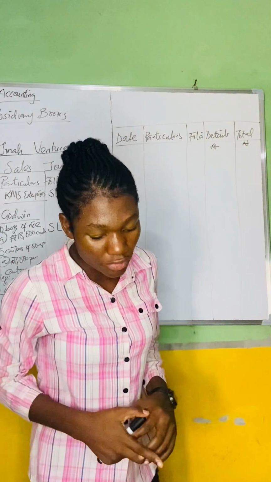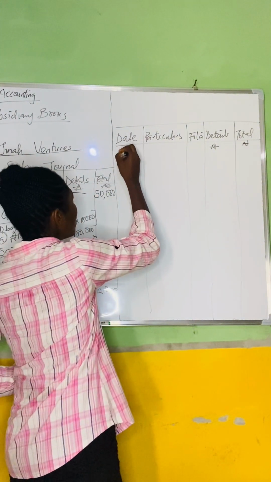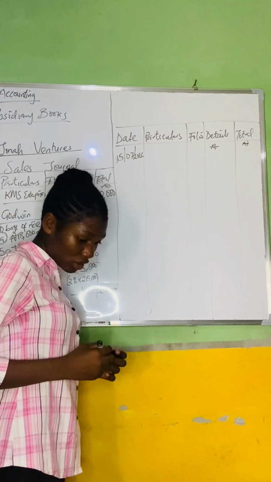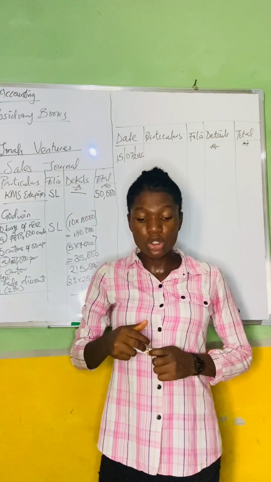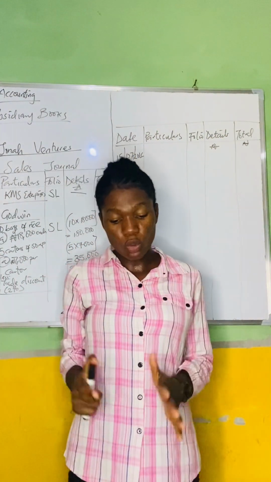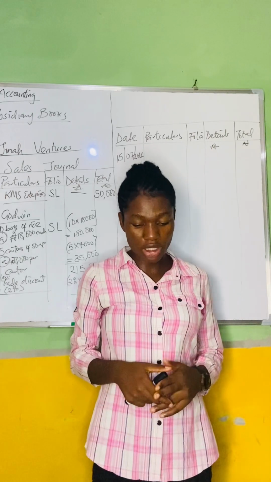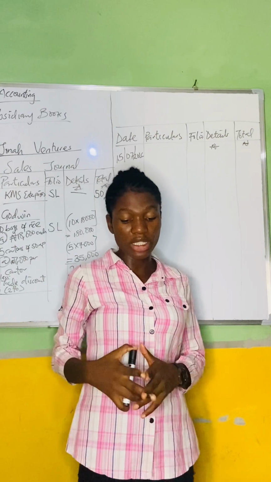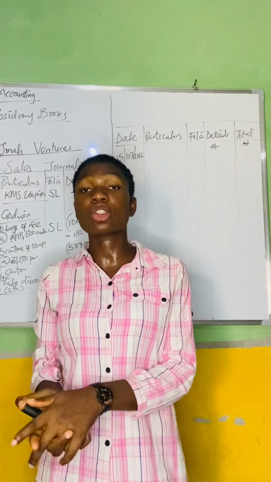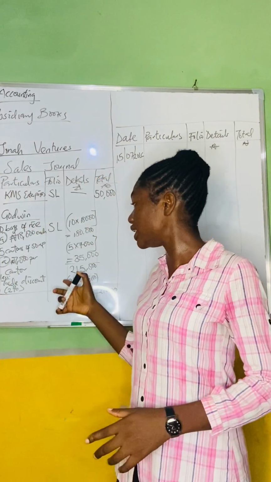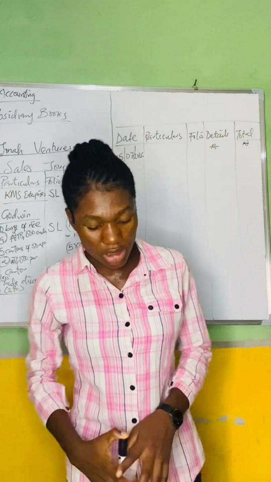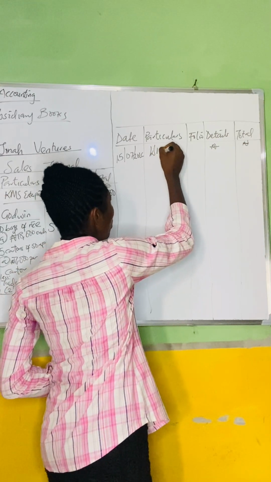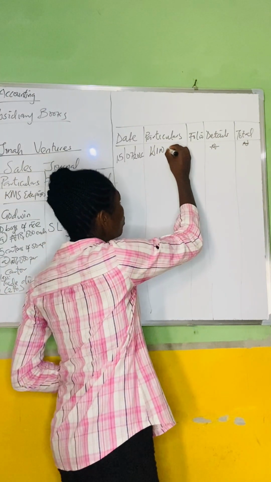So on the 15th of July 2016, we sold goods to Win Ventures on credit, and that transaction was subject to a trade discount of 5%. After we have finished calculating like we did here, we'll less our trade discount. Like I said, the first thing to write is the name of our debtor, Win Ventures.